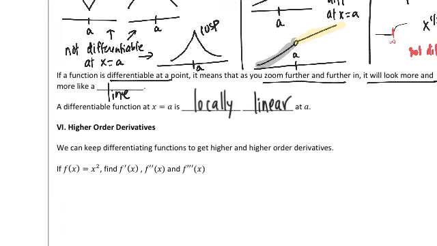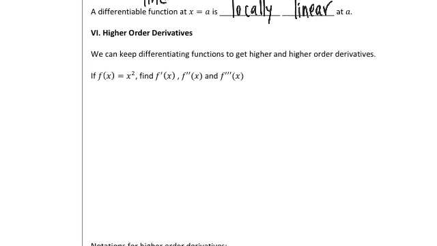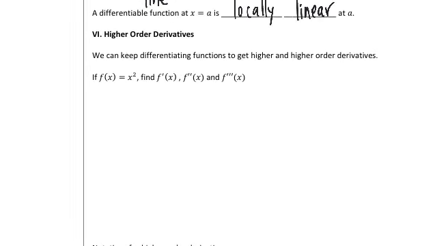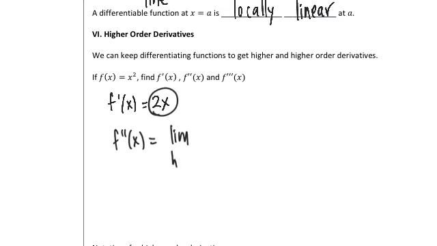Okay, higher order derivatives, what are those? Well, higher order derivatives just means that you can keep on doing the derivative process, right? So if f of x is equal to x squared, we already found that f prime of x is equal to 2x. And f double prime simply means you take this equation and you do the derivative for that.